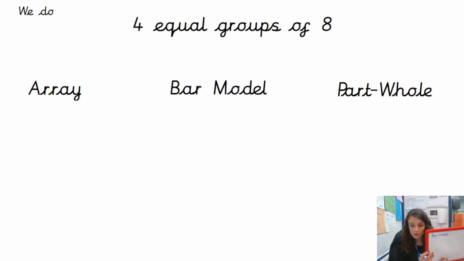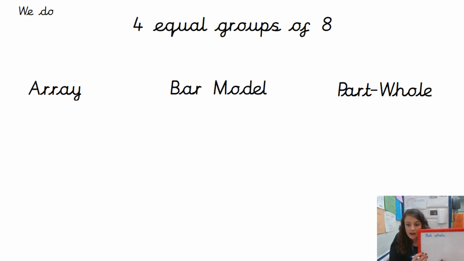The next one we're going to do is a bar model. So 4 groups again, and each one needs 8. So one group with 8 in, another group with 8 in, another group with 8 in, but remember I need 4 groups, so I need to draw one more in with 8 and then show that all together that would be my whole.